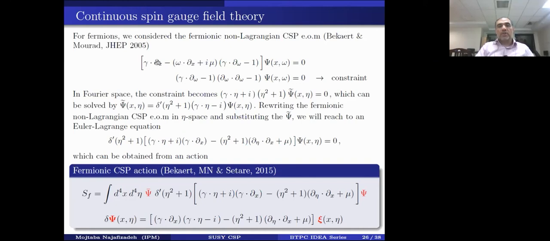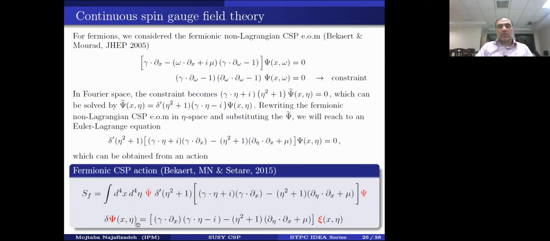If you consider the fermionic non-Lagrangian CSP, which was obtained by Jihad Murad and Xavier Bekaert in 2005, we can write this constraint in eta space. Then you can solve this equation using the Dirac delta function property. This psi theta should be in this form. If you put this here, and rewrite this in eta space, you will get this equation, which is an Euler-Lagrange equation and can be obtained from this action.